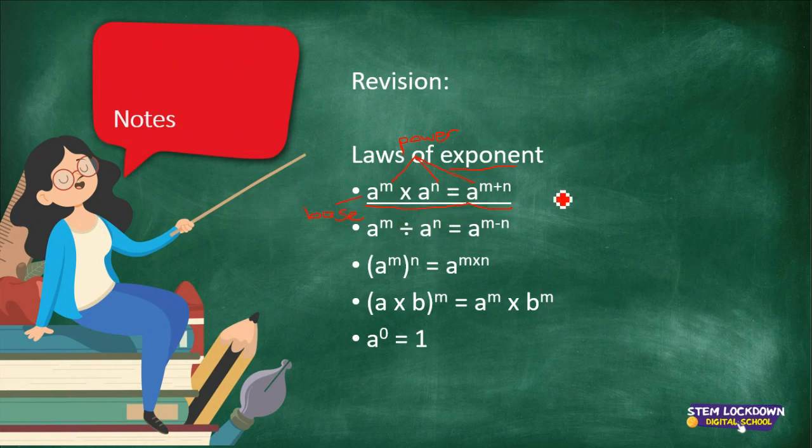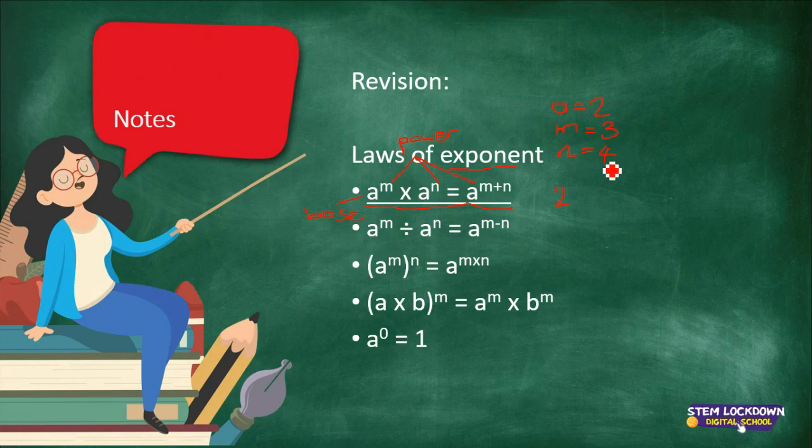Let me give you an example. Let's say my A is equal to 2, right? Let's just say A is equal to 2. Let's say m is equal to 3, and n, let's say n is equal to 4.